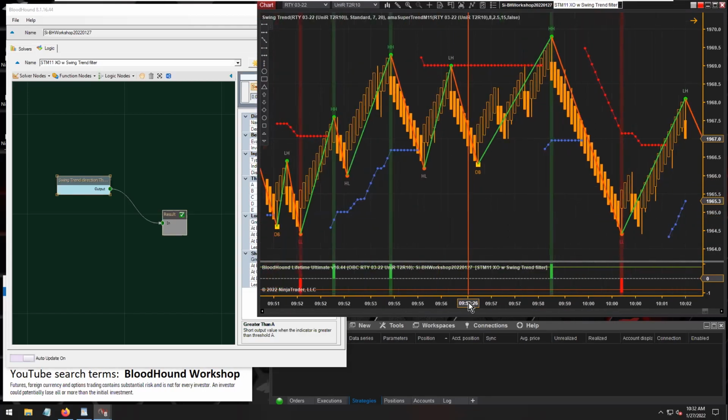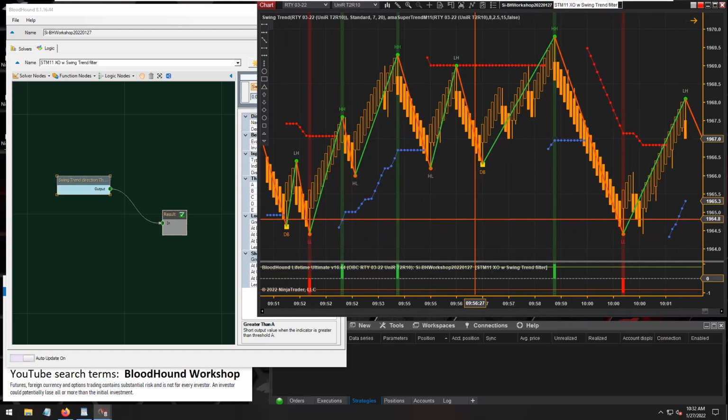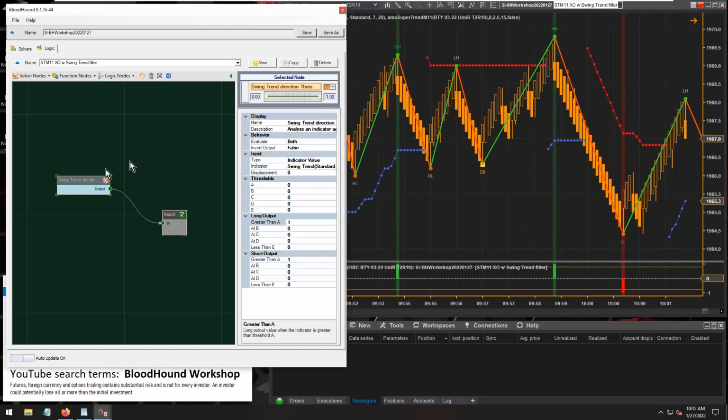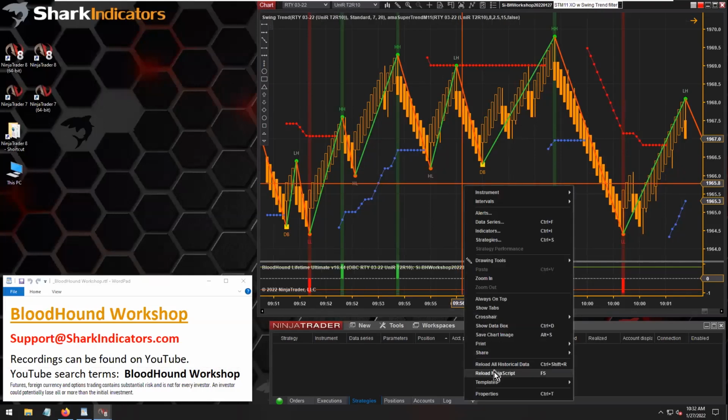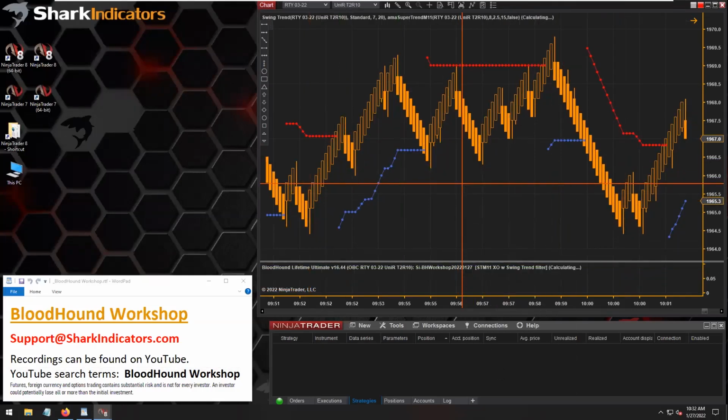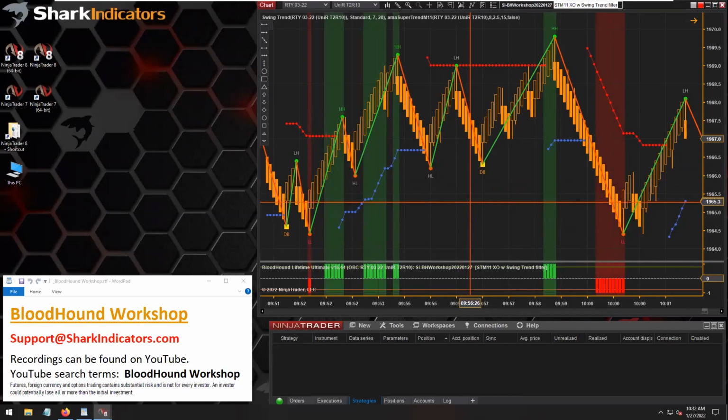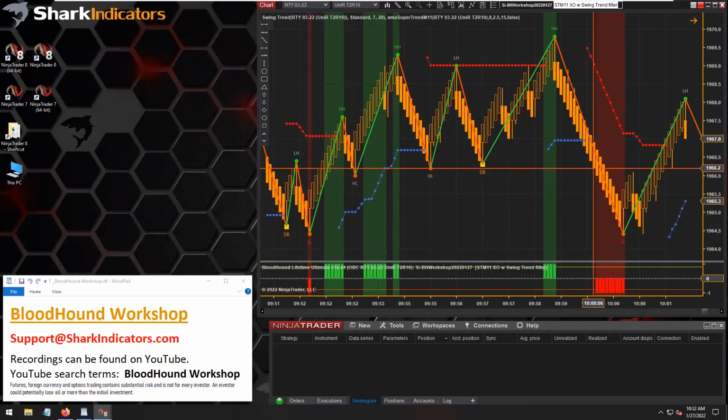And also, let me reload the chart again here. There we go. All right. So we can see that this lower low is identified as soon as, let's see, what are we breaking below here?